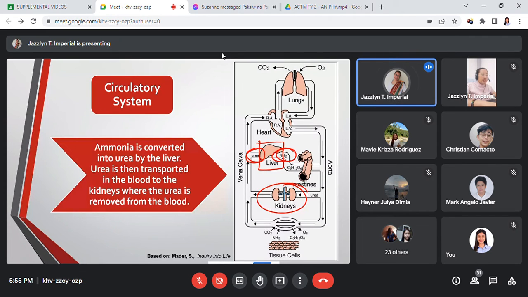So this needs to be broken down via your liver. So don't damage your liver with too much alcohol, because it is important in converting ammonia into urea.